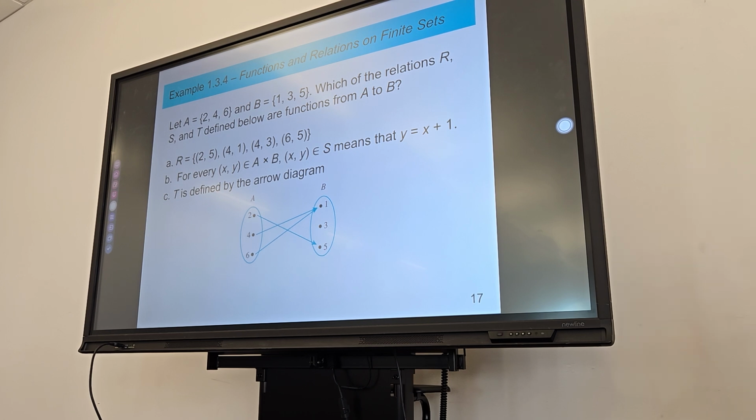Like the square root function. The positive square root is a function, but the ordered pair 9, 2 is not. 9 does not associate with 2. That sort of thing.